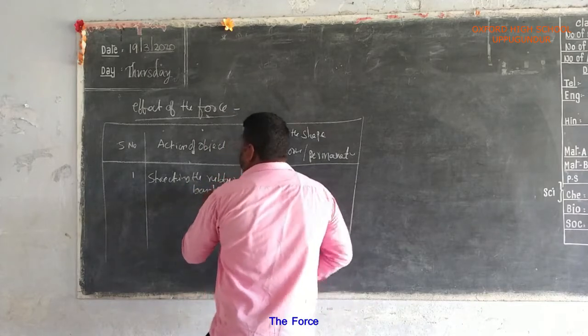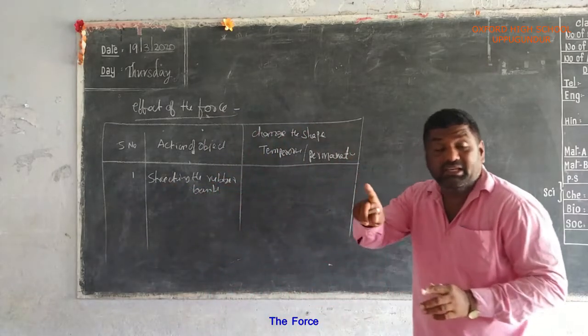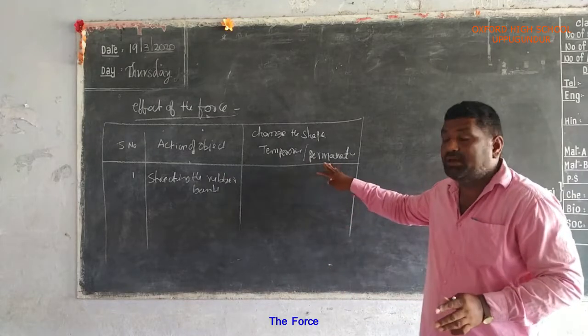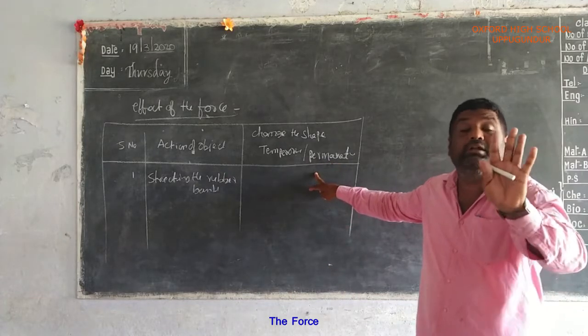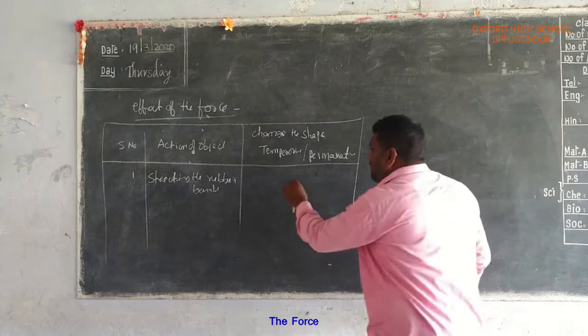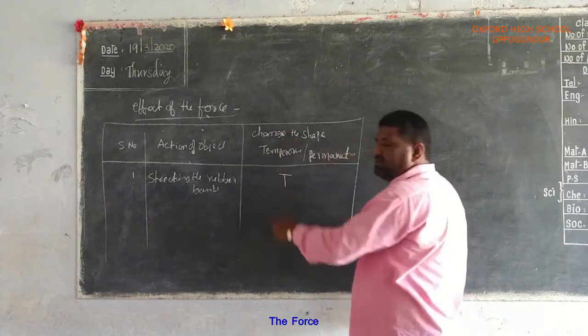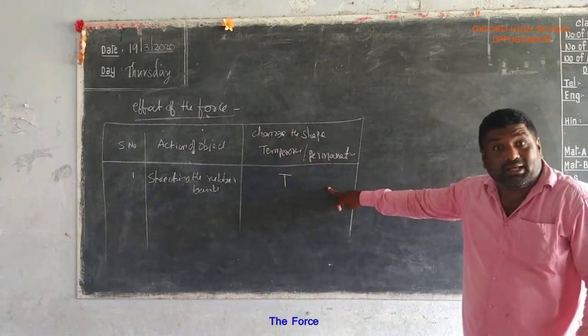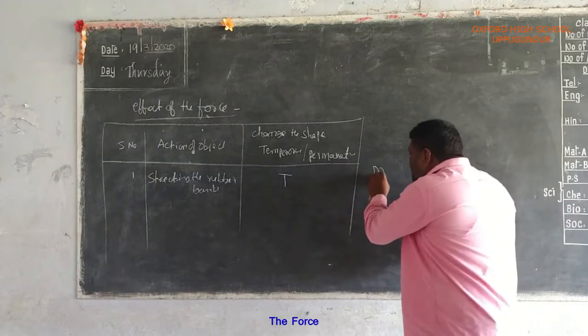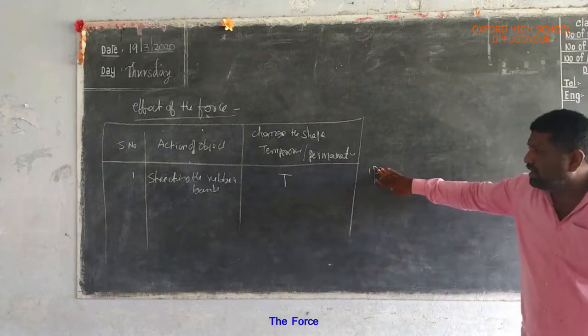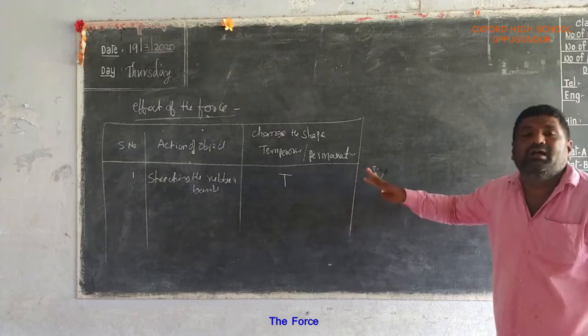When we apply force on a stretched rubber band, first of all its shape changes. This shape is only temporarily changed. Here T means temporary, P means permanent. The shape of the object is changed temporarily.